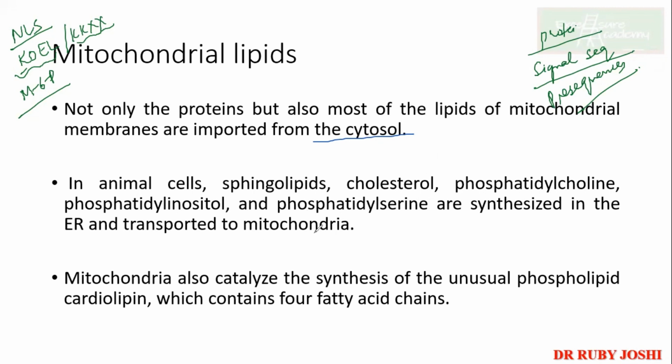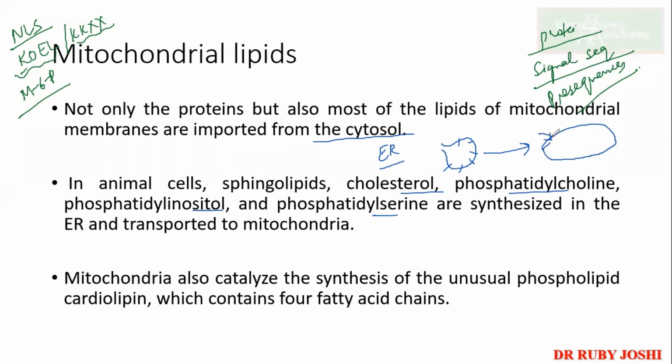Now, how are these transported? If you remember, in the ER, when the synthesis happens, a vesicle forms. This vesicle will be carrying all the cholesterol, choline, serine, inositol. Now this will go to the mitochondria and it will fuse over here.